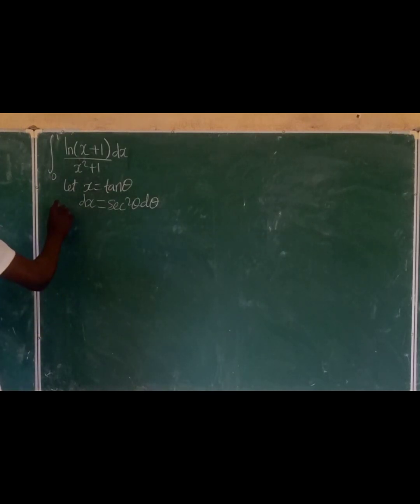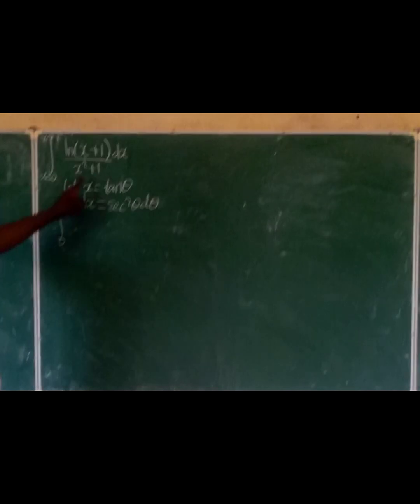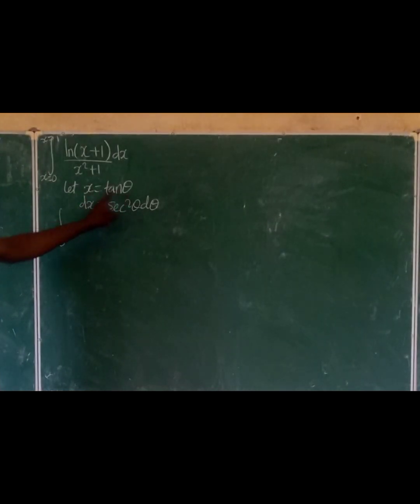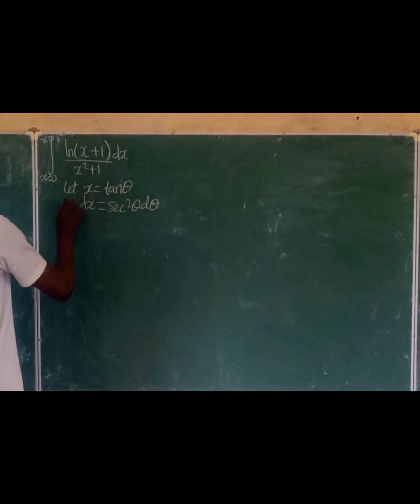Now this integral turns out to be the integral going from, these are my x values, x equals 0 to x equals 1. If x becomes 0, I have tan inverse of 0, which gives me 0. If x becomes 1, I have tan inverse of 1, which gives me pi over 4.